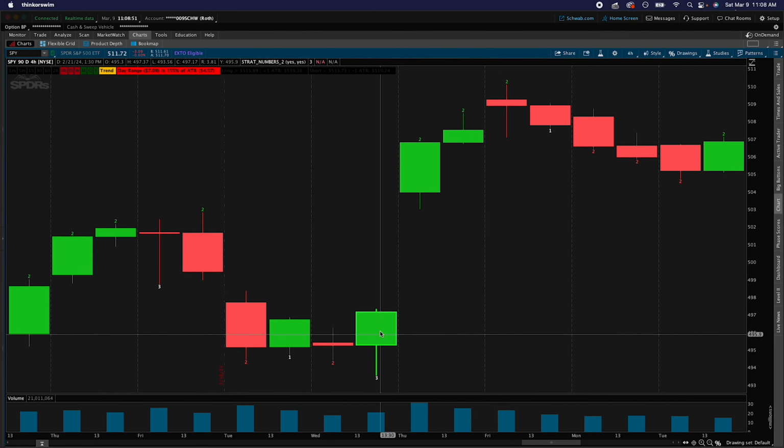So for example, we have this scenario 3 right here, it broke the high and broke the low of the previous candle. So we have our 3. And then a 2 up, we have this candle here, it broke the previous high. This will be a 2 up candle. This one right here, another 2 up because it broke only the high. Right here, we have a 2 down, it broke only the downside.